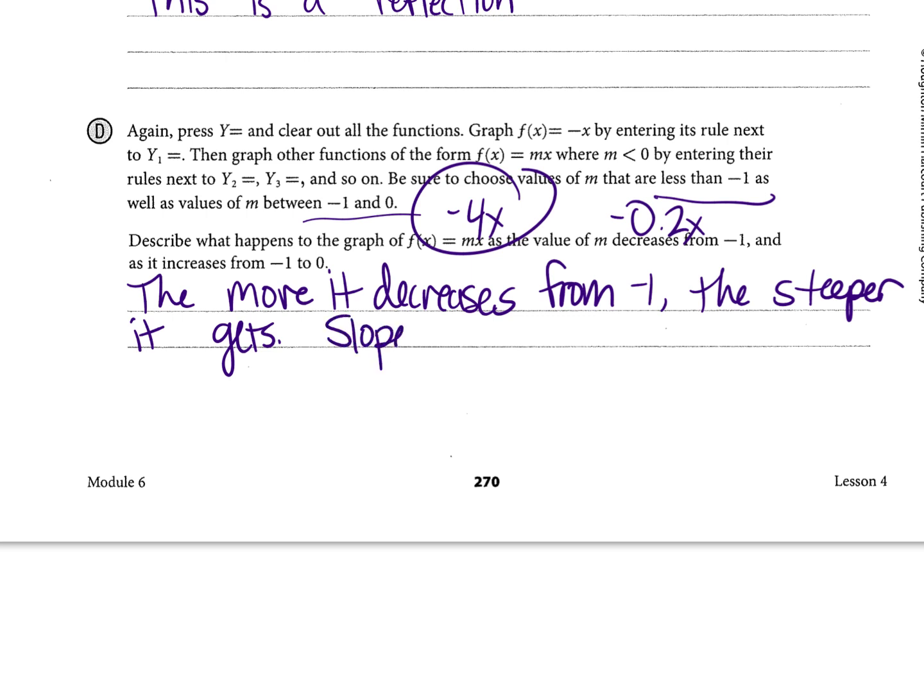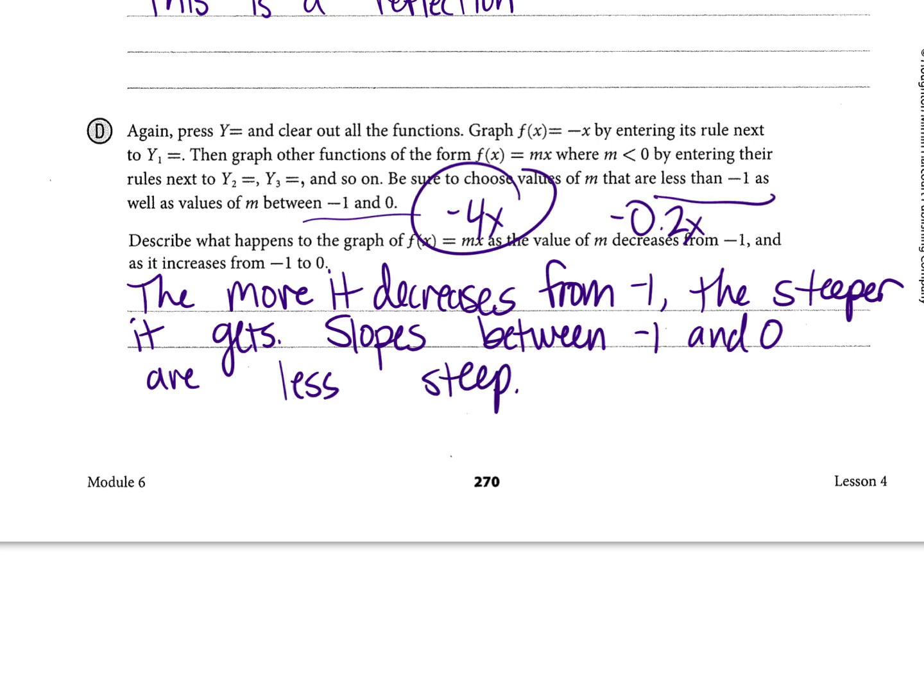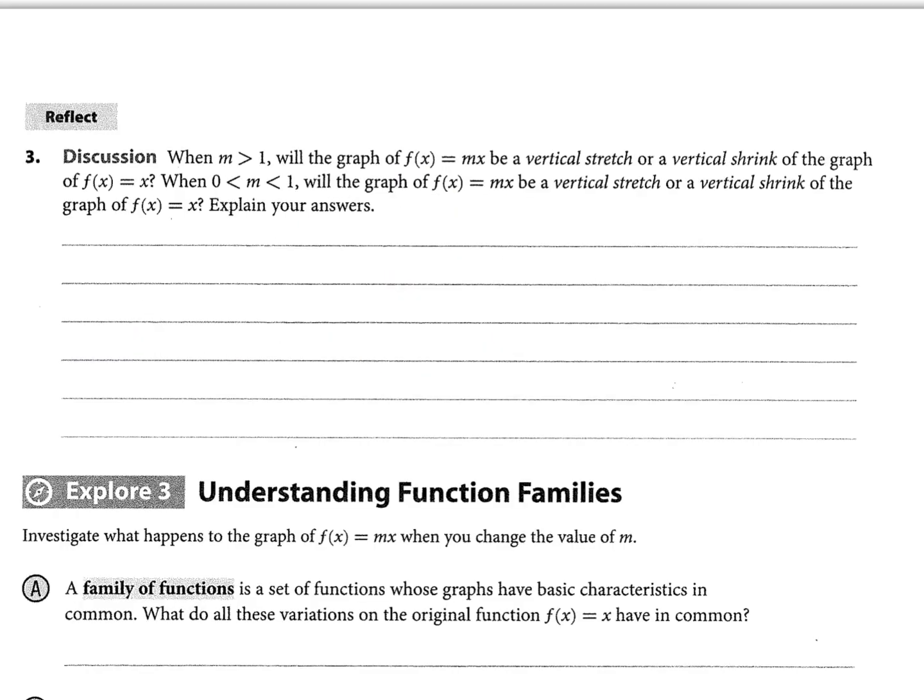Slopes between -1 and 0 are less steep. The closer it gets to 0, the less steep it is.